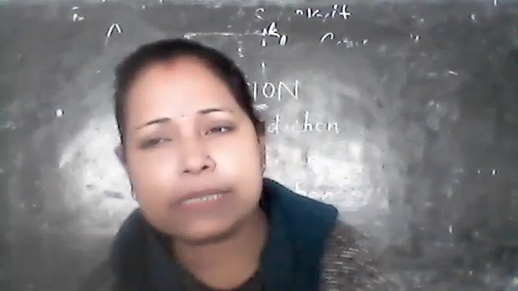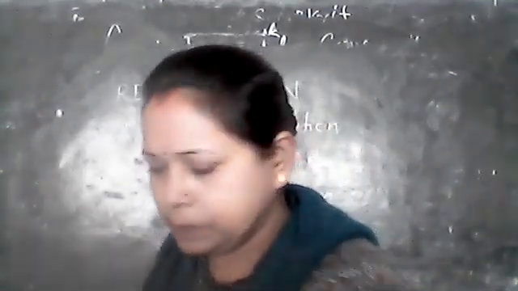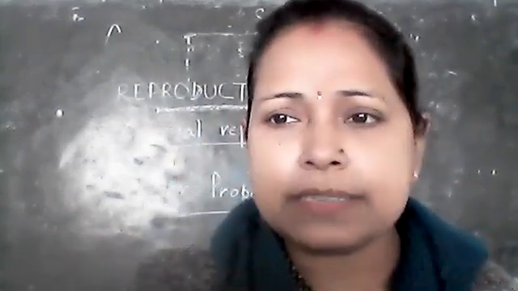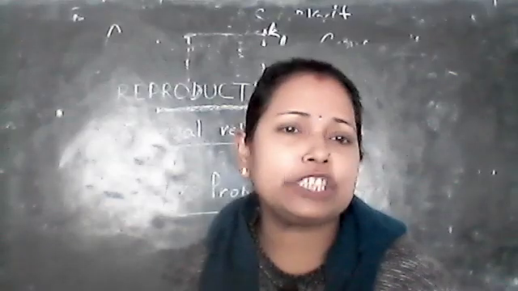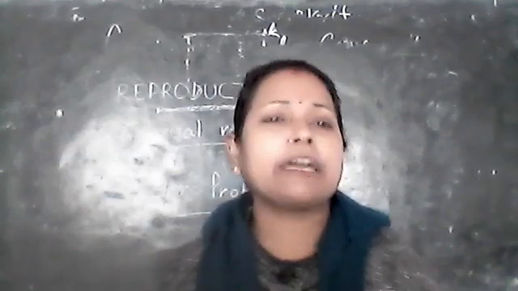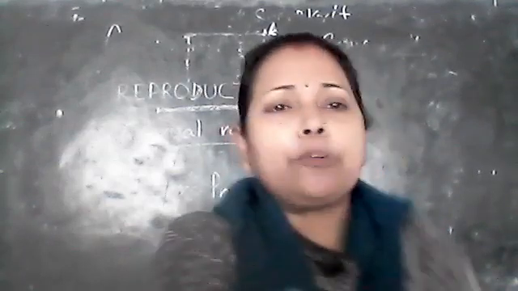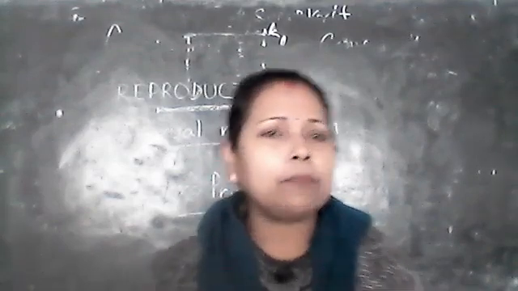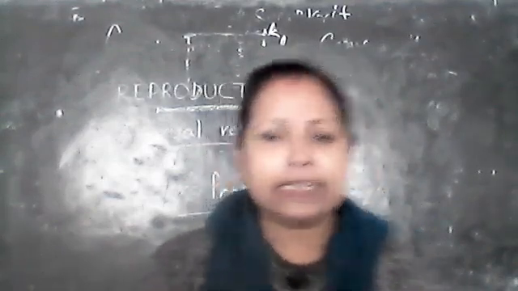Unmute yourself and tell me. What do you mean by the growing region? Meristem. See, meristematic tissue. Wherever the meristematic tissues are present in the plant, that portion of the plant can be considered the growing region. जहां भी हम लोग को meristematic tissues मिलेंगे. Yes, Preeti?